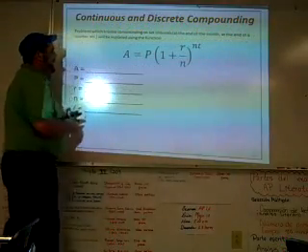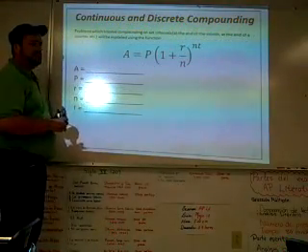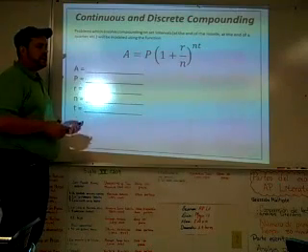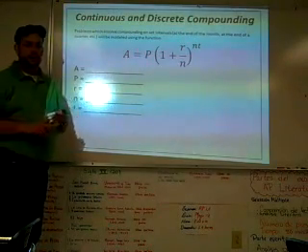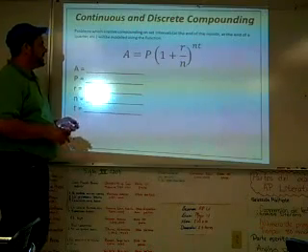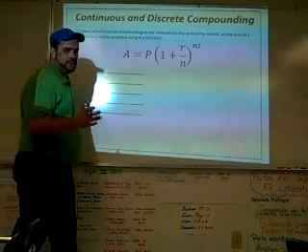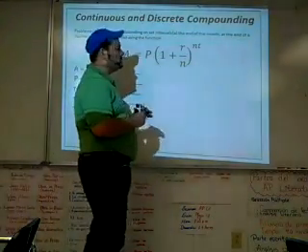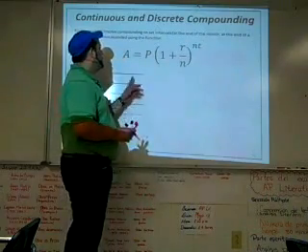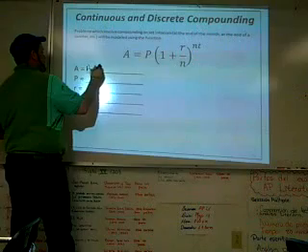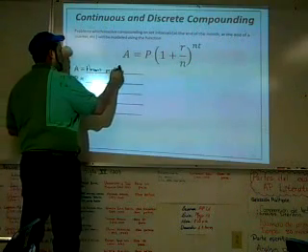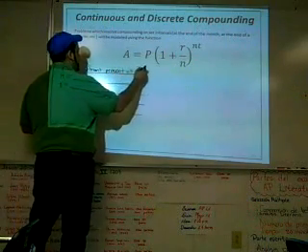If we're looking at discrete compounding, and this is more what you're going to look at if you're looking at investment banking, credit cards, problems like that, it's a different formula. It's a bigger formula. We don't use this one as much, but it works pretty much the same way. We have A. A is, again, the amount present at time t.